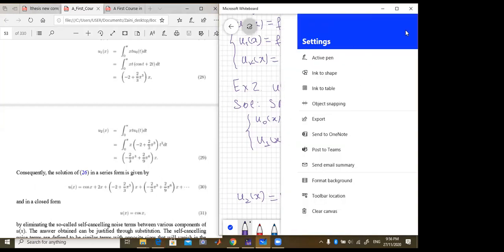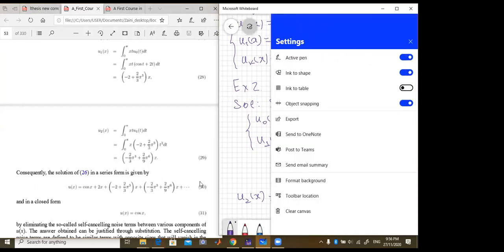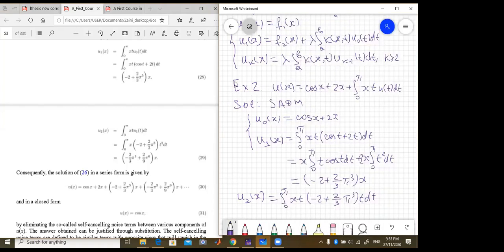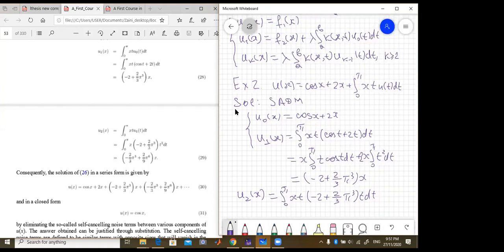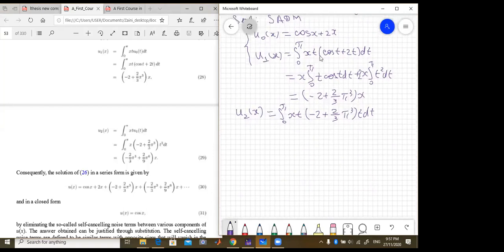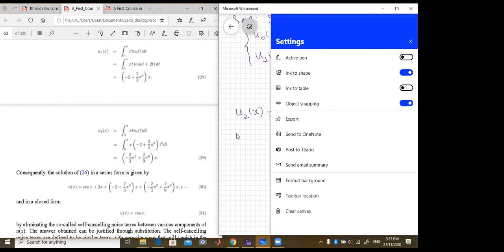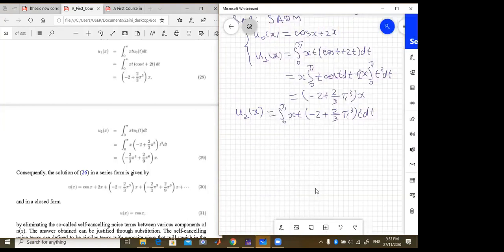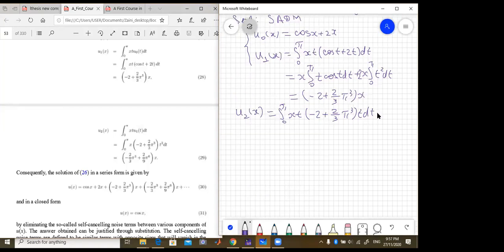Okay, let me have. So I need u1, u0. Okay, from here, I think enough. So if I solve this integral, I just write the final one, okay?